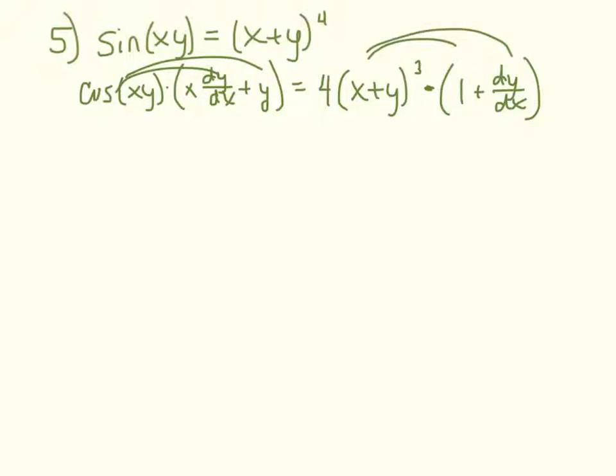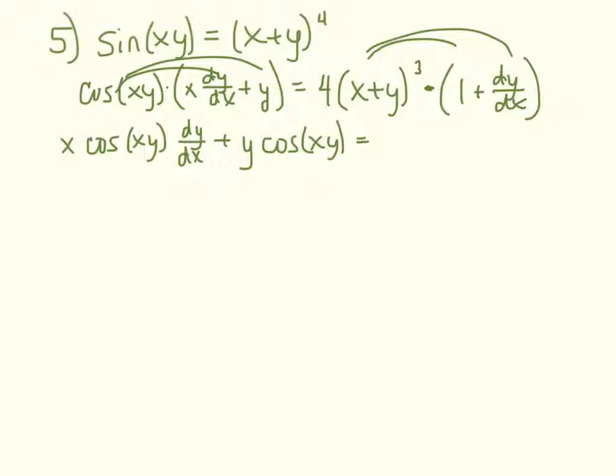So on the left-hand side, I'm going to multiply cos xy times x dy/dx. So I'm going to move the x in front. So x cosine xy dy/dx plus y cosine xy equals.